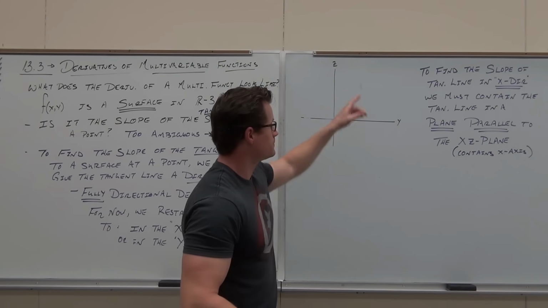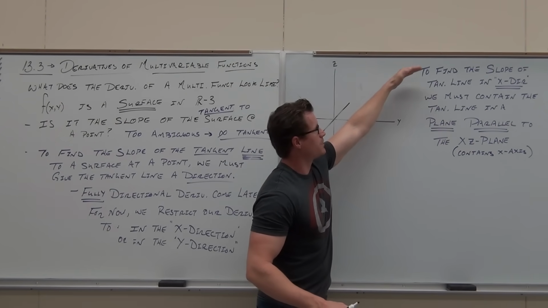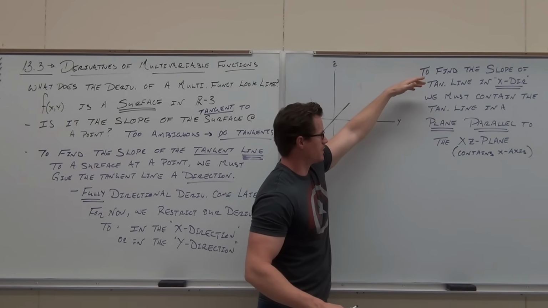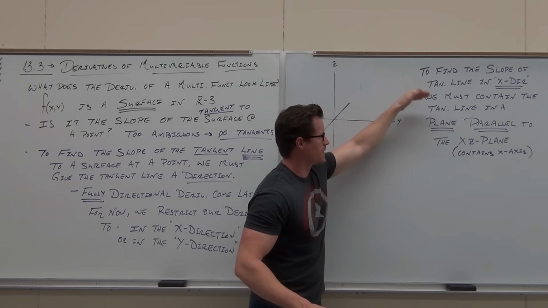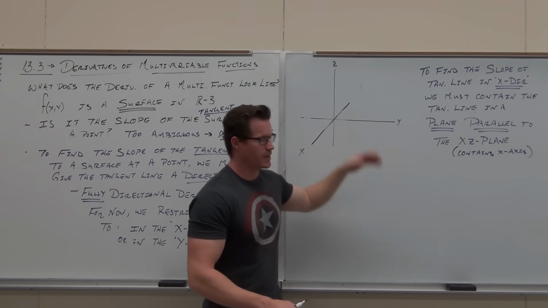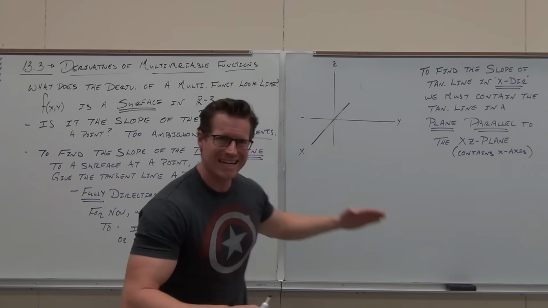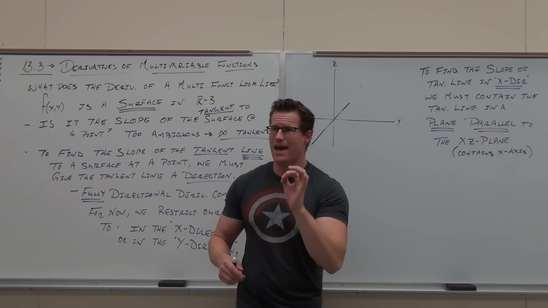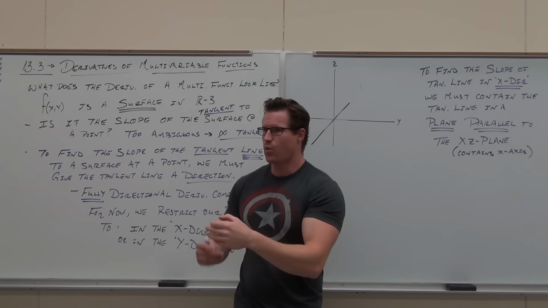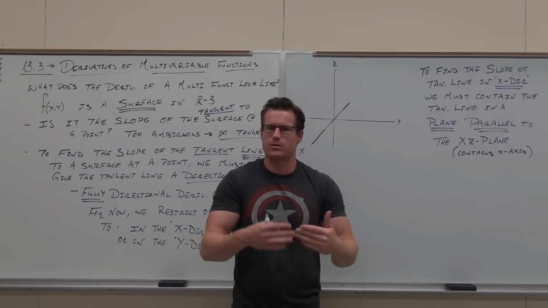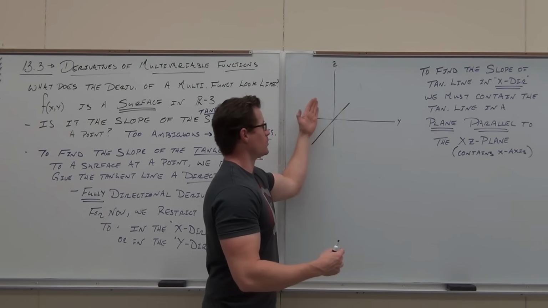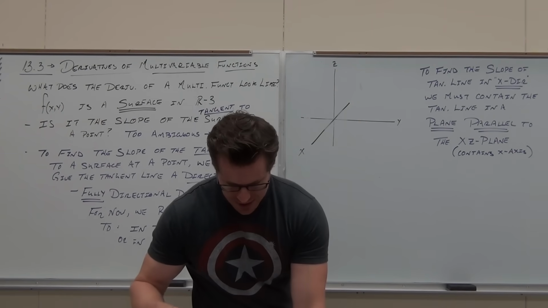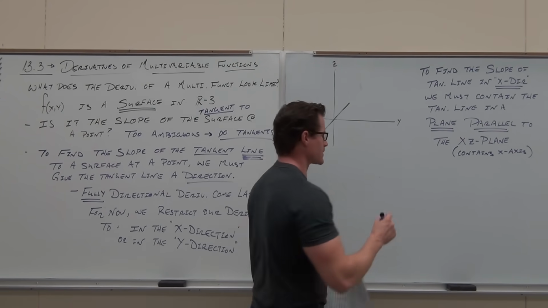We do this. Find the slope where we contain the tangent line in a plane that's parallel to the xz plane. If we do that, any plane that's parallel to the xz plane is going to have y as a constant. Does that make sense? y equals 3, y equals 5, y equals -7, I don't care what it is, but it's going to be y equals a constant. So to make this happen, you hold y as a constant.